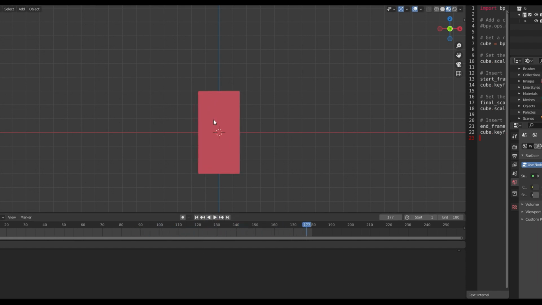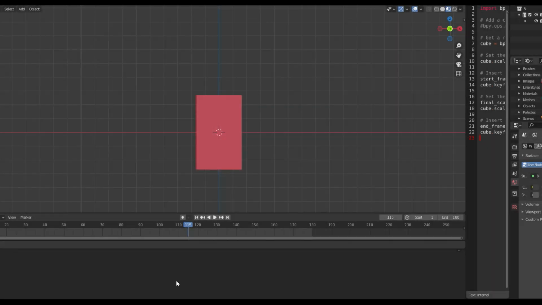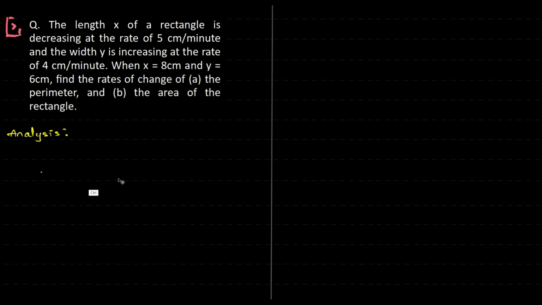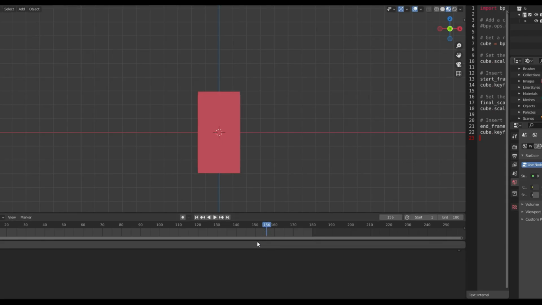The height is increasing while the breadth is decreasing, right? This is what is happening. So something like this, within a matter of seconds will turn to something like this.